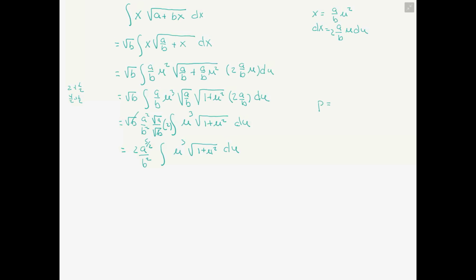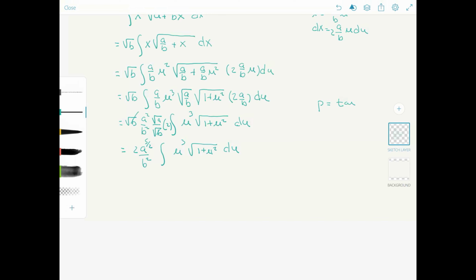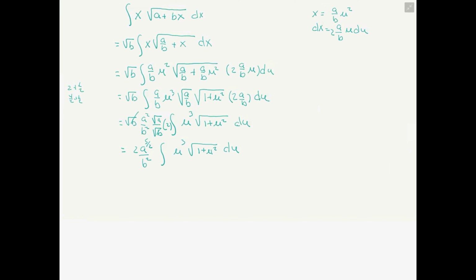And in this case, let's use u equals tangent theta, and du equals secant squared theta d theta.